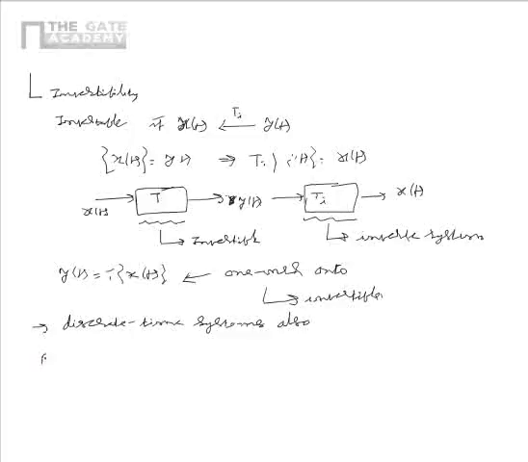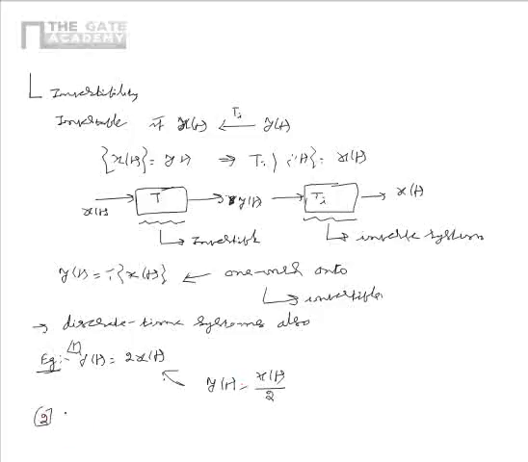Now let us consider some of the examples. Consider the system y of t is equal to 2 into x of t. This system is invertible as the input can be recovered from the obtained output using the transformation x of t is equal to y of t by 2.